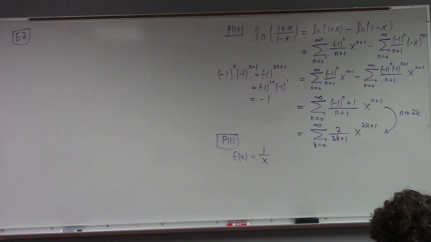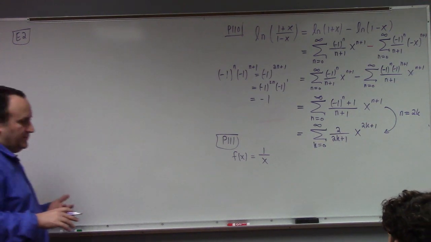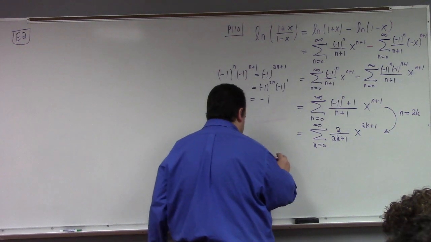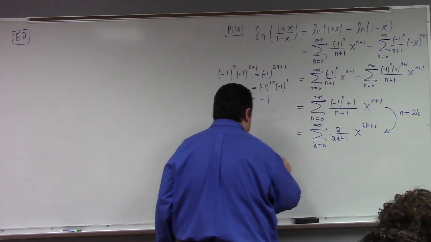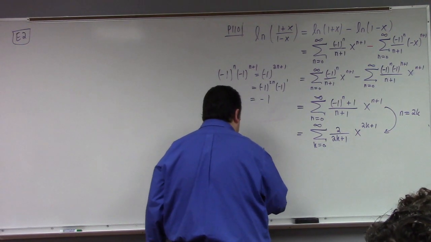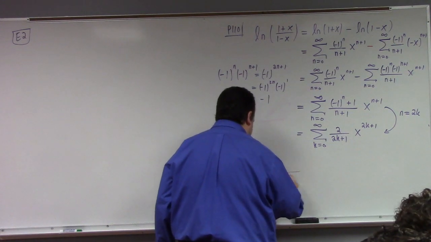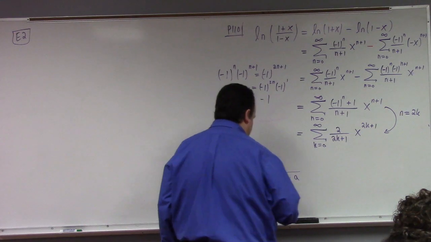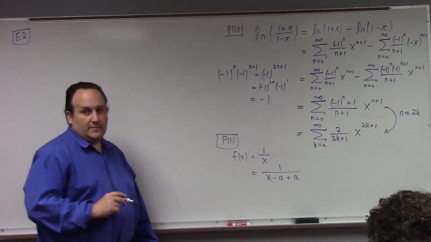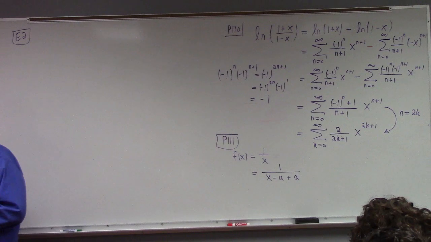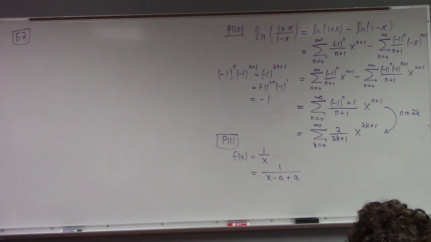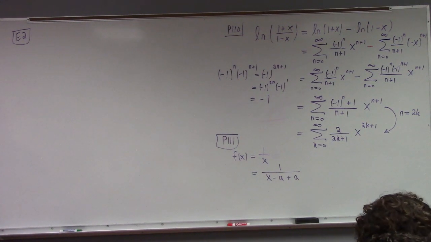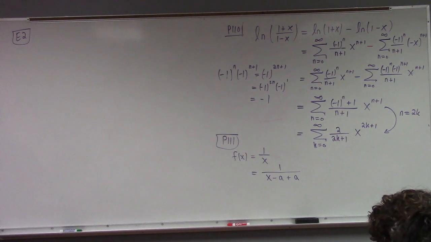But we're supposed to find the Taylor series expansion for this guy centered at x equals a, for a not equal to 0. So what you want to do basically is just this. You have to imagine that it is really just x minus a plus a, like that. And then you're trying to expand it in powers of x minus a, right?